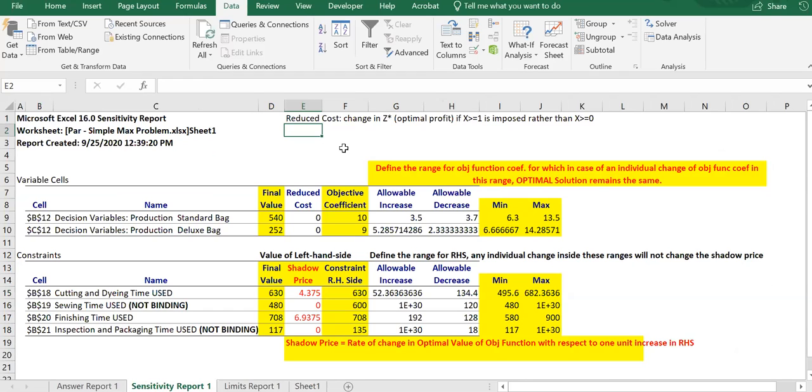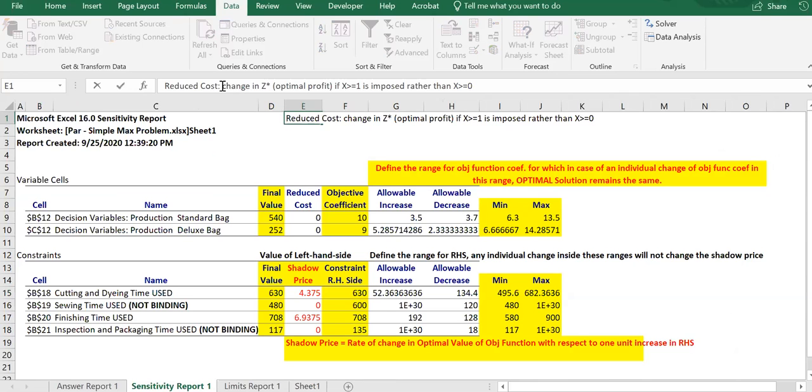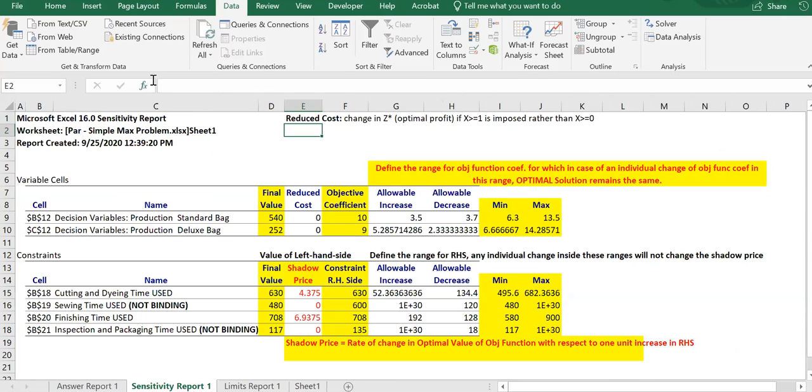How much cost is going to decrease, or how much profit you're going to lose or make, depending on the case. It is the change in Z star, the optimal profit, if instead of x greater than or equal to 0, you push it to take 1, to take positive numbers.